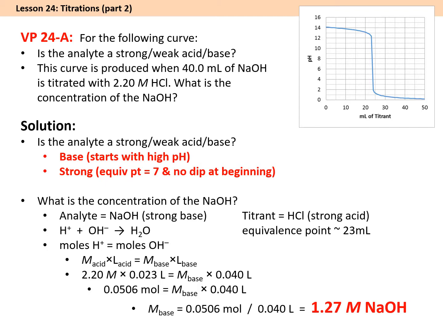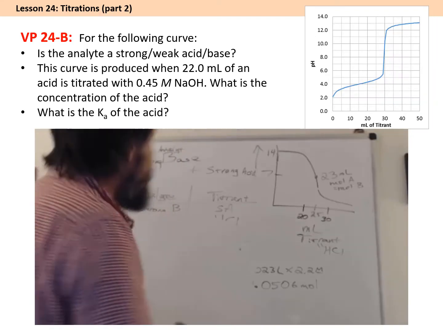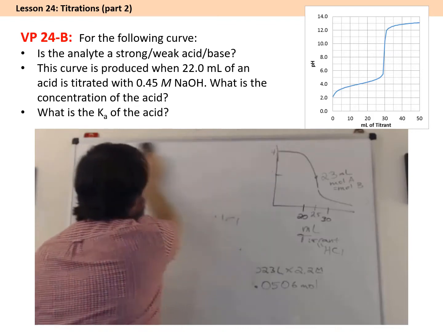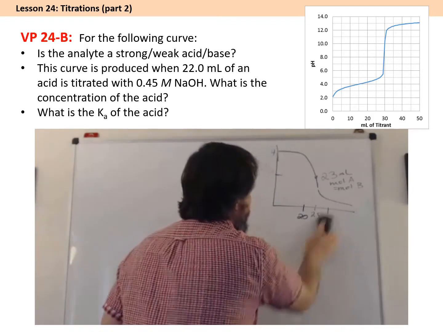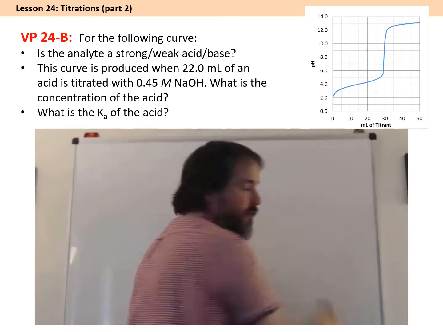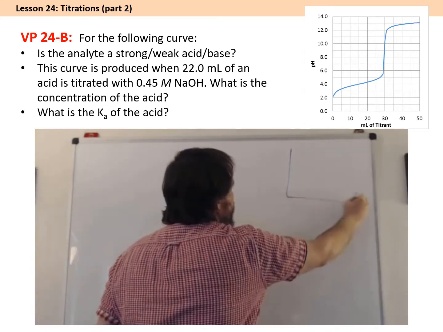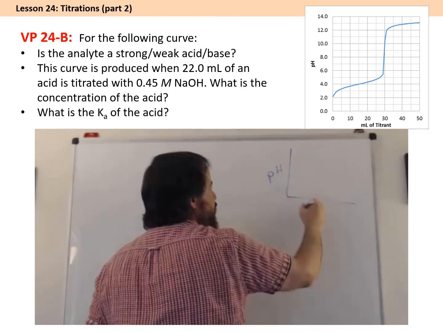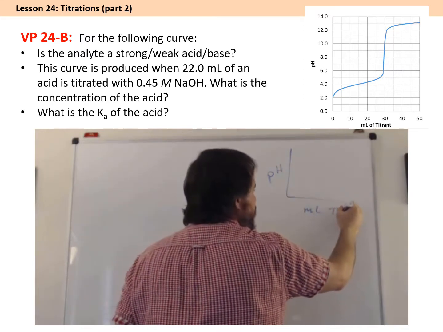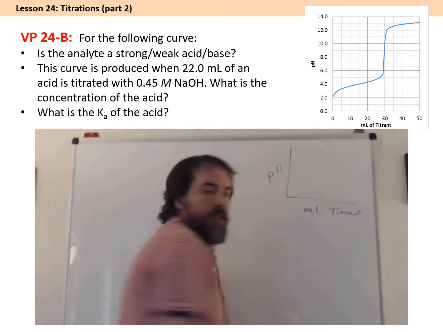All right, now let's move on to problem 24b. In 24b, we have a different titration curve, but titration curves are always going to be pH versus mL titrant. Let's look at this.